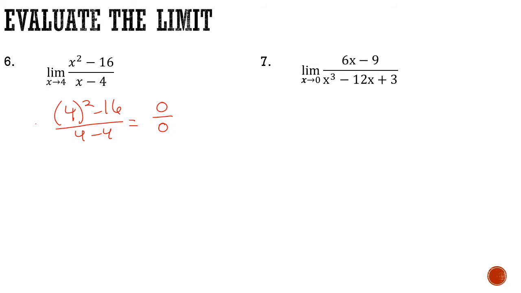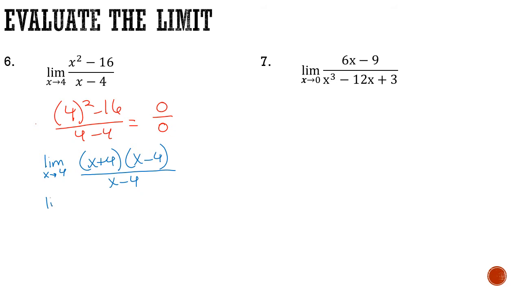So if you look at this one, we can factor that numerator. Now it's really important to keep writing the limit as x approaches 4 until you substitute. So I'm going to factor the numerator: x plus 4, x minus 4, over x minus 4.